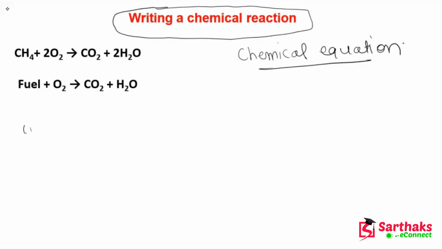The first one is reactant. What are reactants? Substances which take part in a chemical reaction are called reactants. Let me give you an example. Here CH4 is methane.